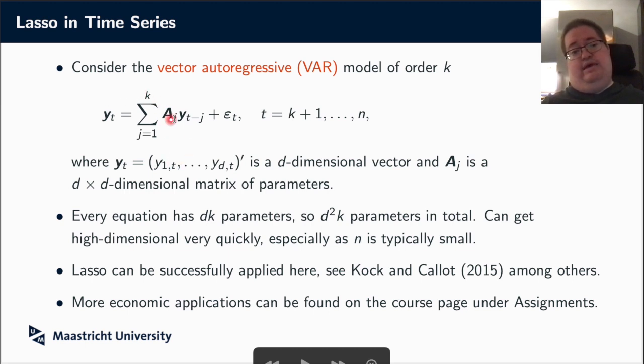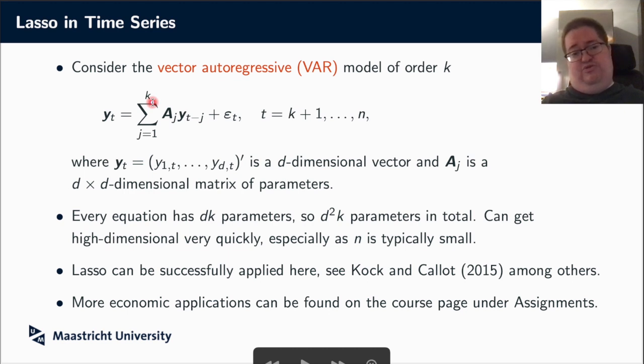So every A_j is a matrix of dimension d times d, indicating how all the d variables at lag j affect all the d variables at time t. So we have d squared parameters in here, for each of k lags, so k times d squared parameters in total.